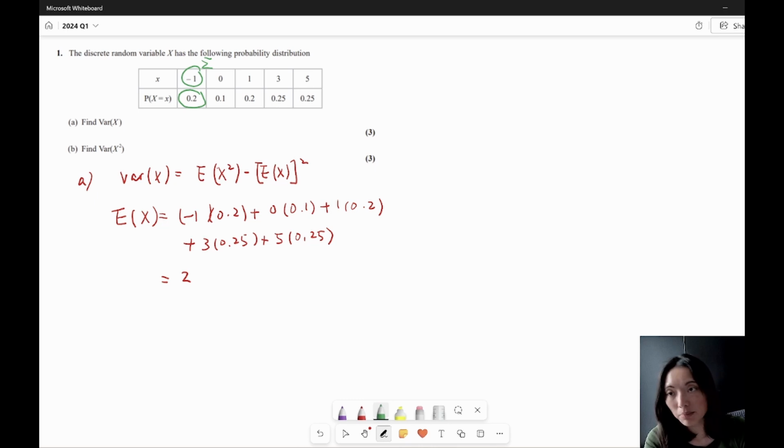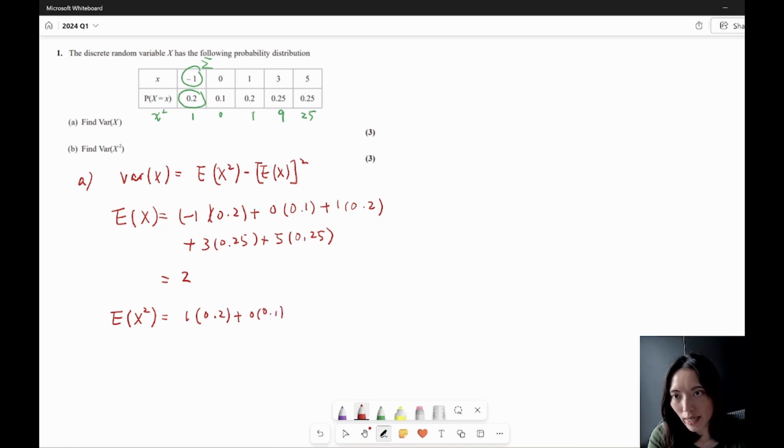Similarly, we can work out the expectation of x squared, and to do that we need x squared. So let's put that underneath our table. The square of minus 1 is 1, the square of 0 is 0, the square of 1 is 1, and so on. Therefore, the expectation of x squared is 1 times 0.2 plus 0 times 0.1.